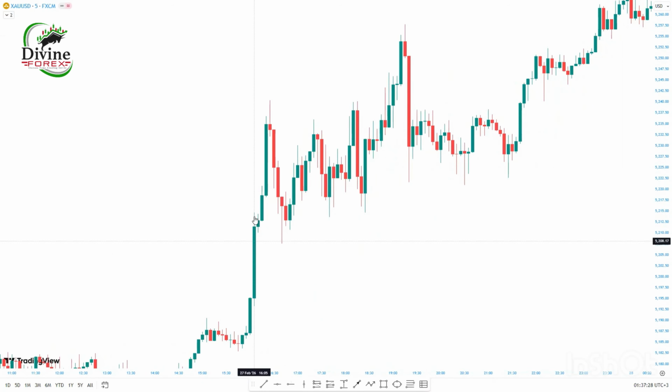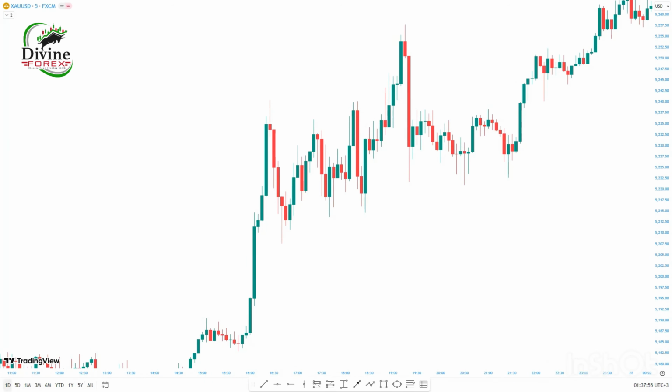The market is very strong to the upward, and suddenly when the market reaches this area, we have this opposite candle, which is just a bearish pin bar. So when the market prints this bearish candle, it means there is a presence of sellers at this area.